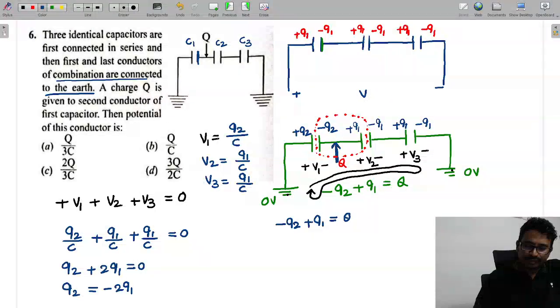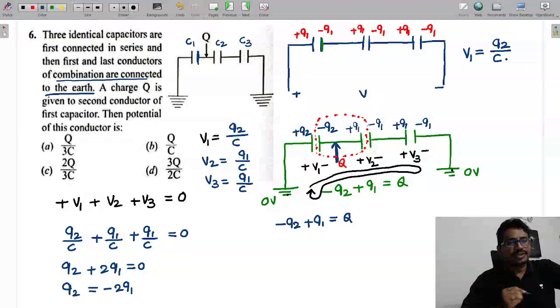Now we have the relation minus Q2 plus Q1, which is equal to Q. So we need Q2 required. We need the capacitance of this capacitor. For this first capacitor C1, the voltage V1 after connecting the ground is V equal to Q by C, where Q is Q2.